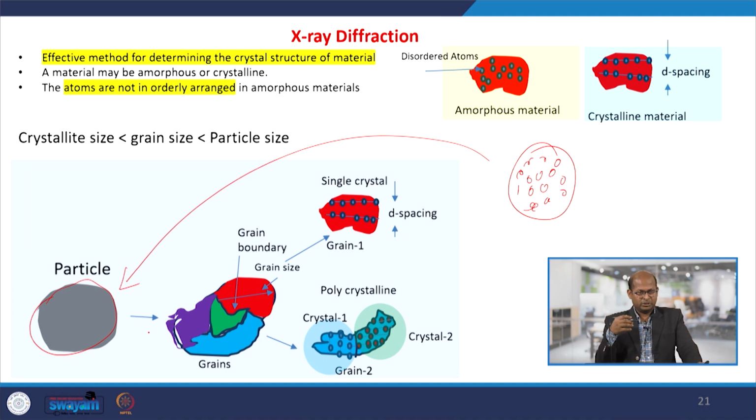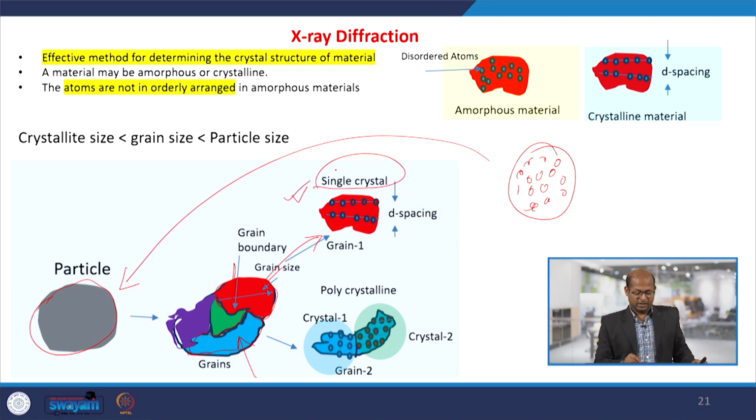If we go into depth, we can see that many different grains are there. These are called grain boundaries; this is grain 1, this is grain 2. If we go into the depth of a particular grain, the red grain, the atoms are arranged like this, orderly, and one type of crystal is there.